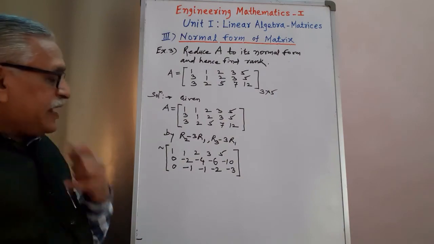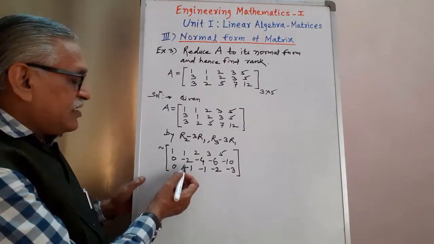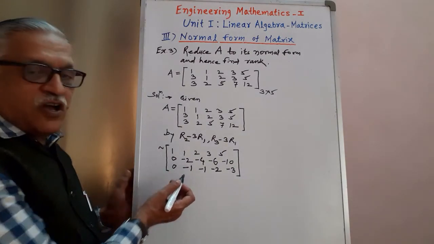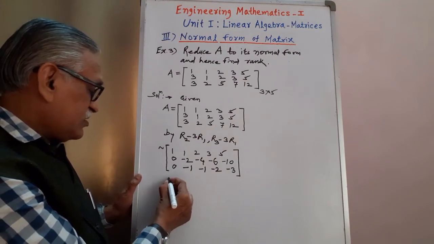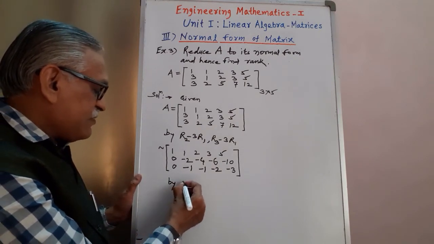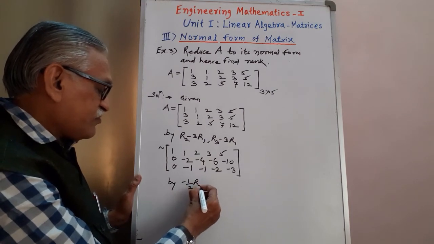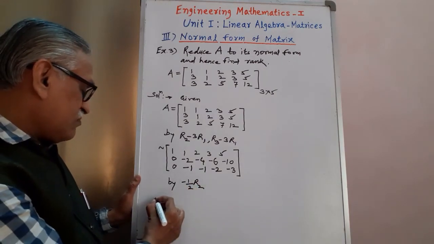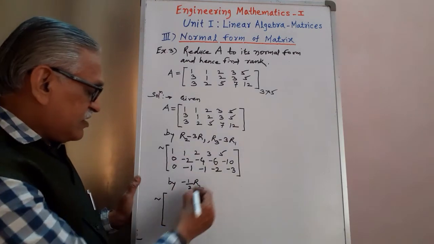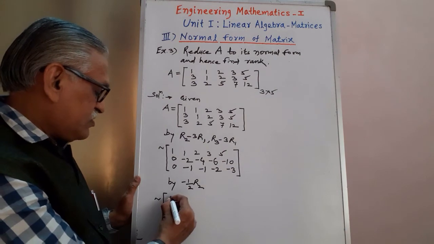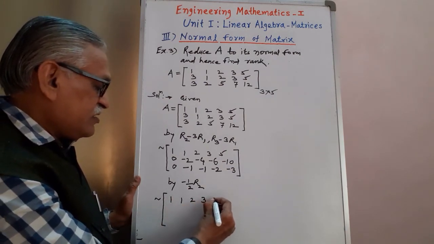Then convert the second diagonal element to 1, either by interchanging these 2 rows or multiplying this row by minus 1 by 2. Therefore, I will multiply the second row by minus 1 by 2. By performing this, we get the first row with no change, 1, 1, 2, 3, 5.